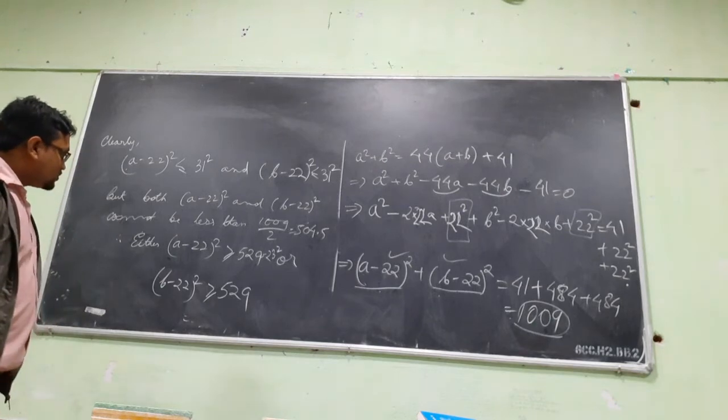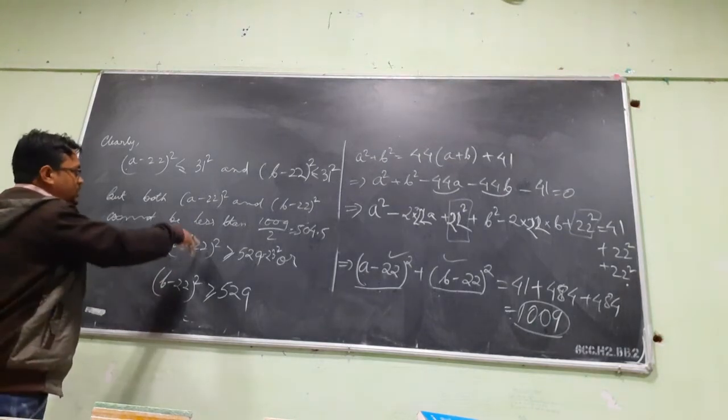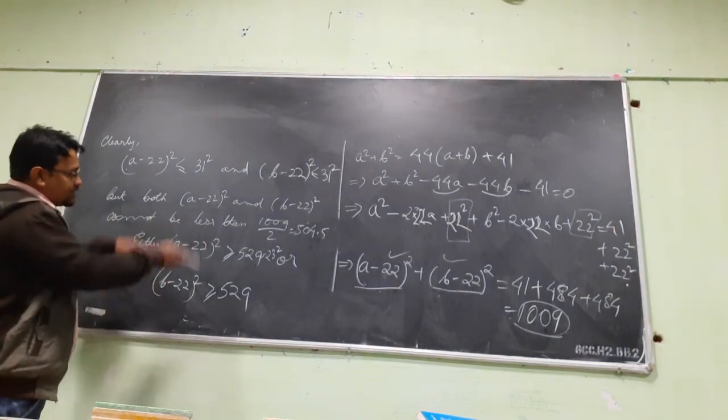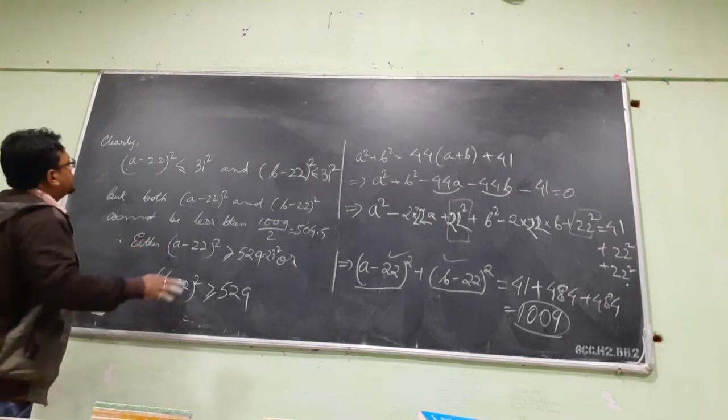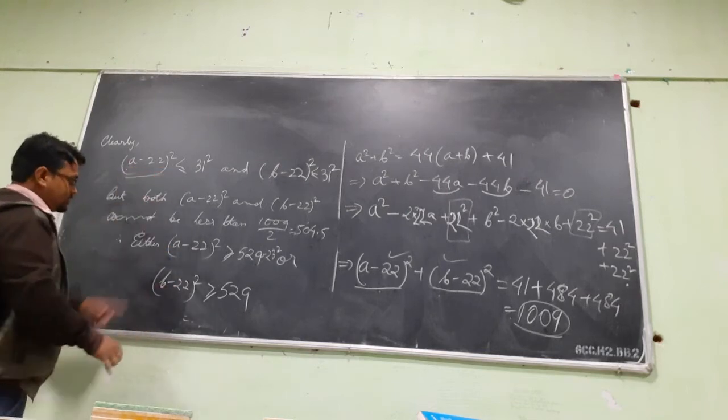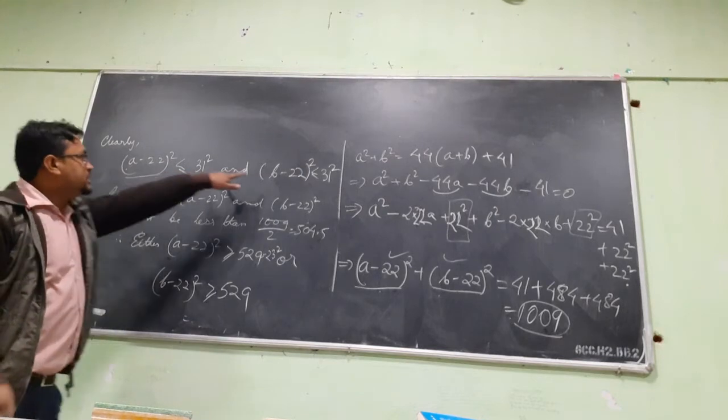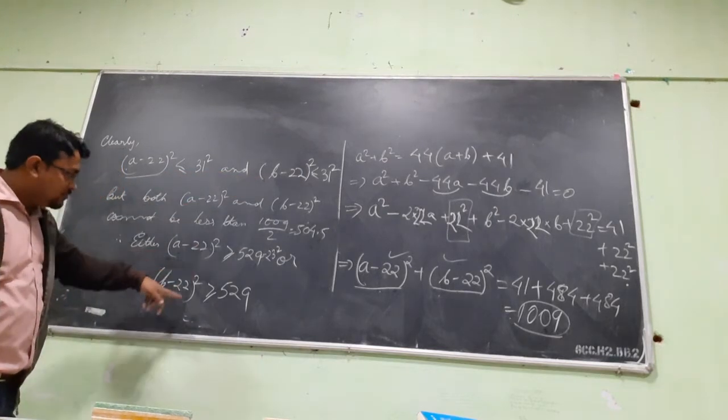So what are the possibilities? We consider only one of them; the other is interchangeable. This should be satisfied for both, and this should be satisfied for at least one of them.